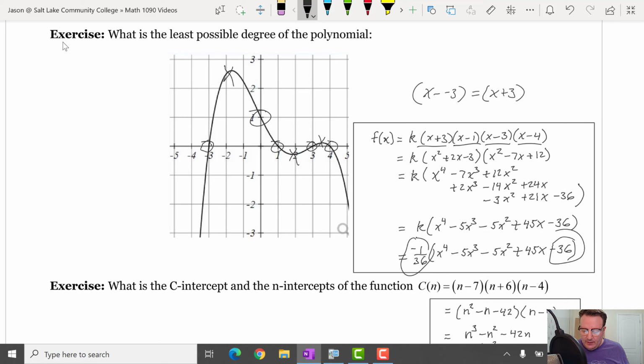So we can go forwards and backwards. Given a polynomial, we can graph it, or given the graph of a polynomial, we can determine what the original polynomial was.